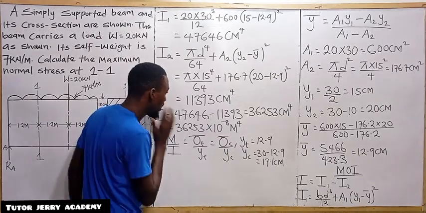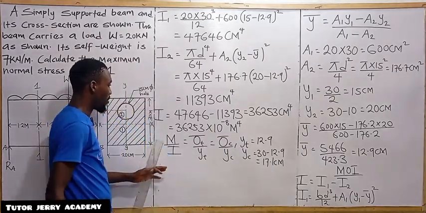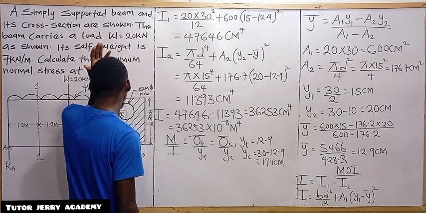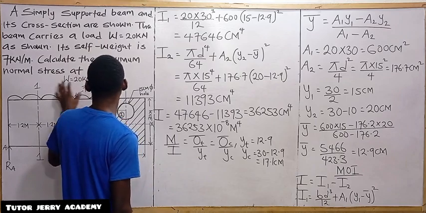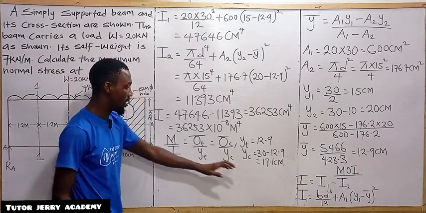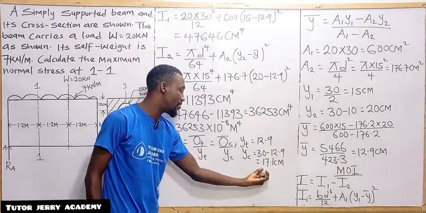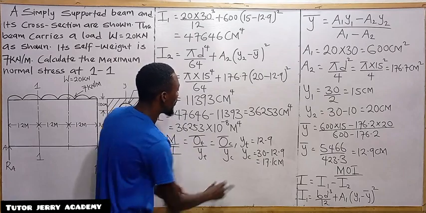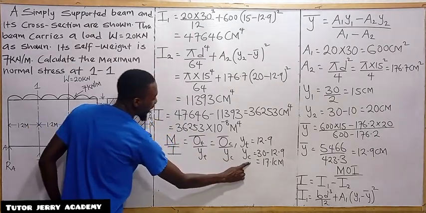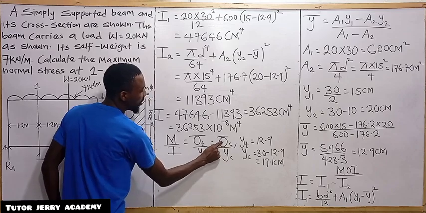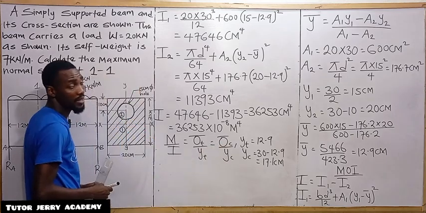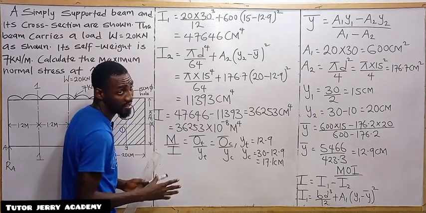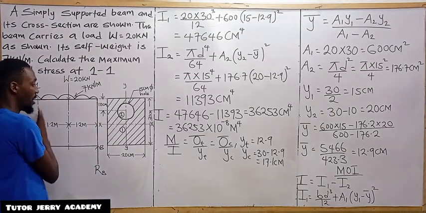So we are going to be calculating the stresses now, because the question says we should calculate the maximum normal stress. So here we have established that 17.1 is the greatest, so we'll be using it. Because it is y compressive, we'll be calculating our compressive stress. So compressive stress is the maximum normal stress at this section here.